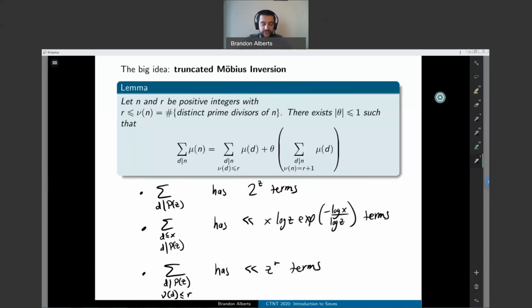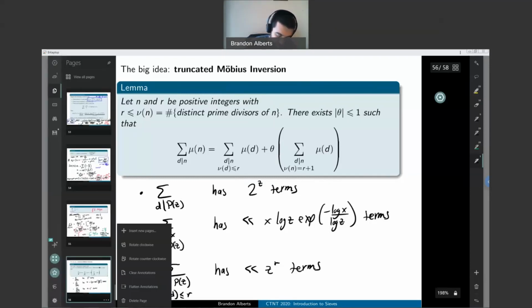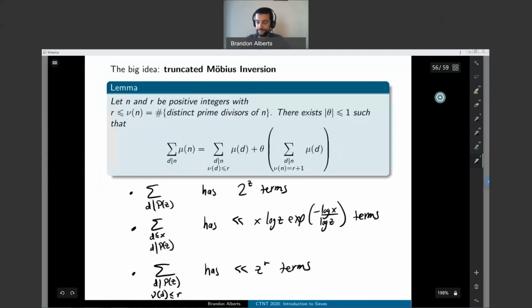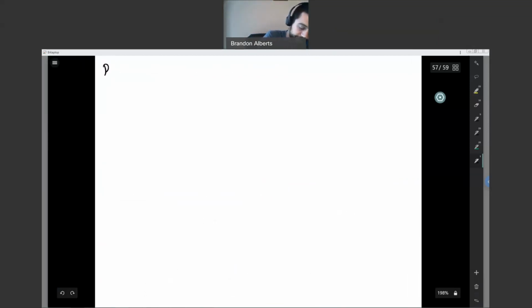Okay. So what's the idea behind the proof? The idea is that there is a combinatorial relationship we can take advantage of. We've got the proof of the truncated Mobius formula. So let's look at the sum over divisors of n with a bounded number of prime factors.